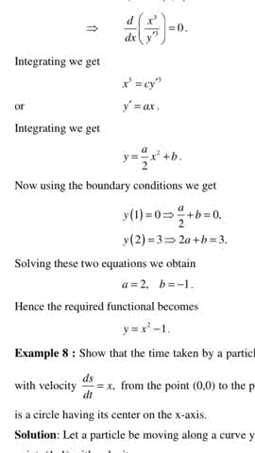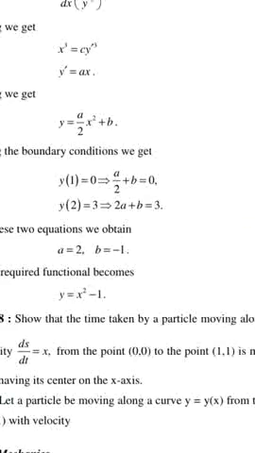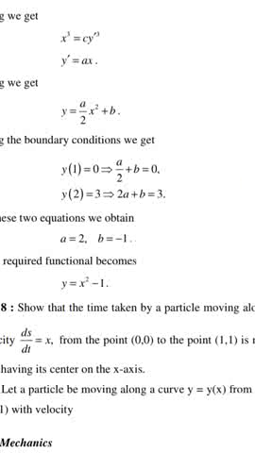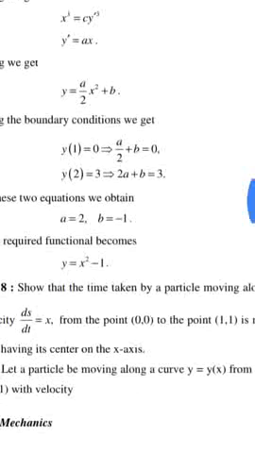When x is equal to 2, then y is equal to 3, so y of 2 is equal to 3. Putting y is equal to a by 2 x square plus b, with x equal to 2 and y equal to 3, therefore 2a plus b is equal to 3.